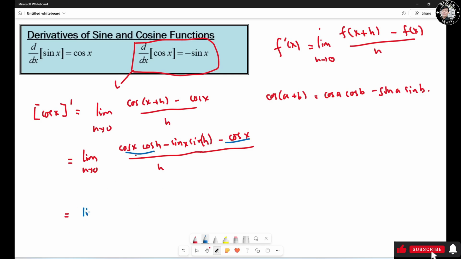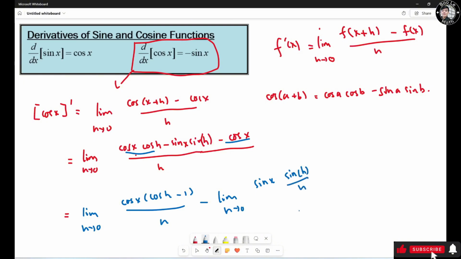So it's going to be the limit when h approaches 0 of cosine s factored out, so it could be cosine h minus 1 over h, minus the limit when h approaches 0 of sine s times sine h over h.